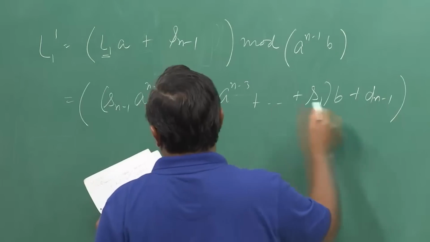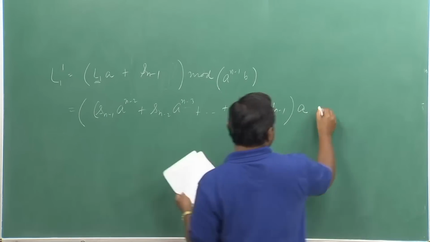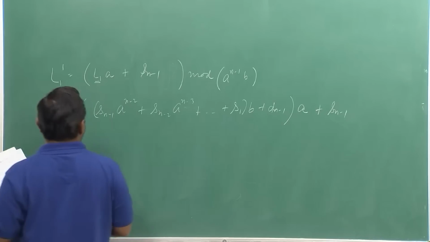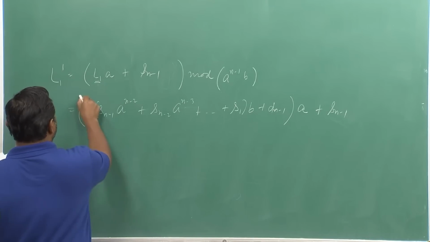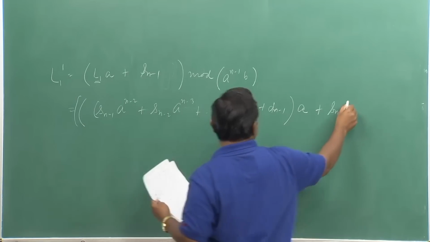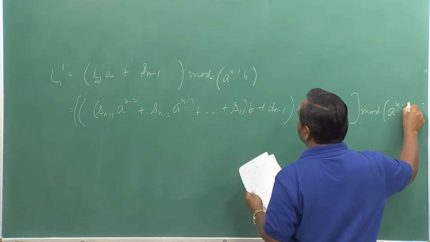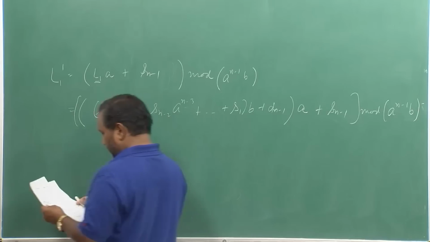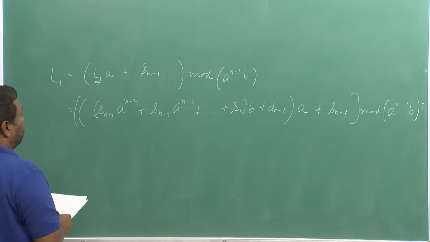So, this one is L1, L1 has to be multiplied by A, plus then I have to do Sn minus 1. So, this whole thing modulo An minus 1 B. Okay.